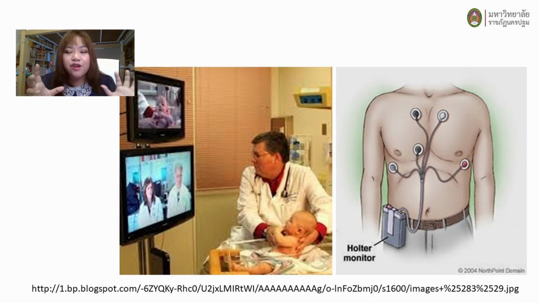Then the doctor or two other specialists from overseas or somewhere else can see the vital signs and whatever they want to see, and then give advice to this doctor. It's very good. Nurses have to know about this too, because we are part of the healthcare team as well.